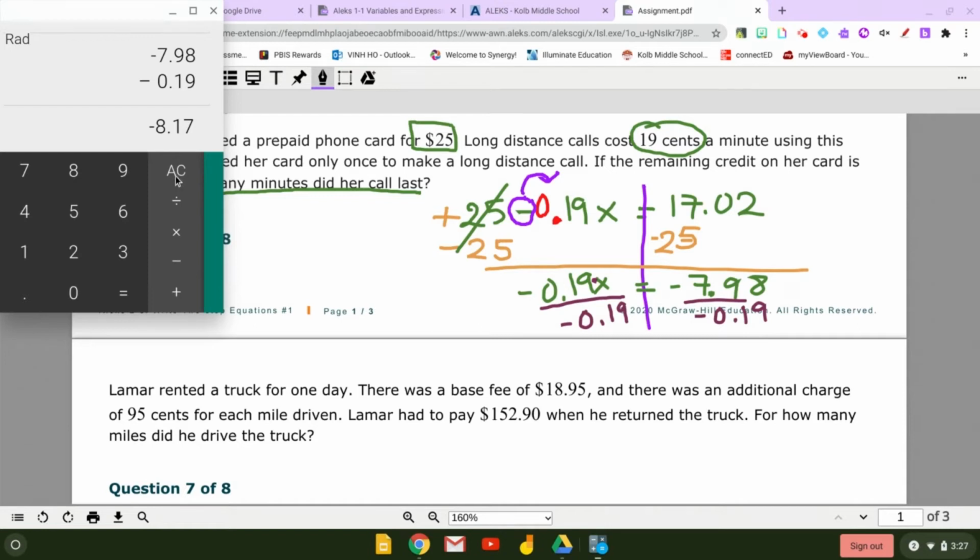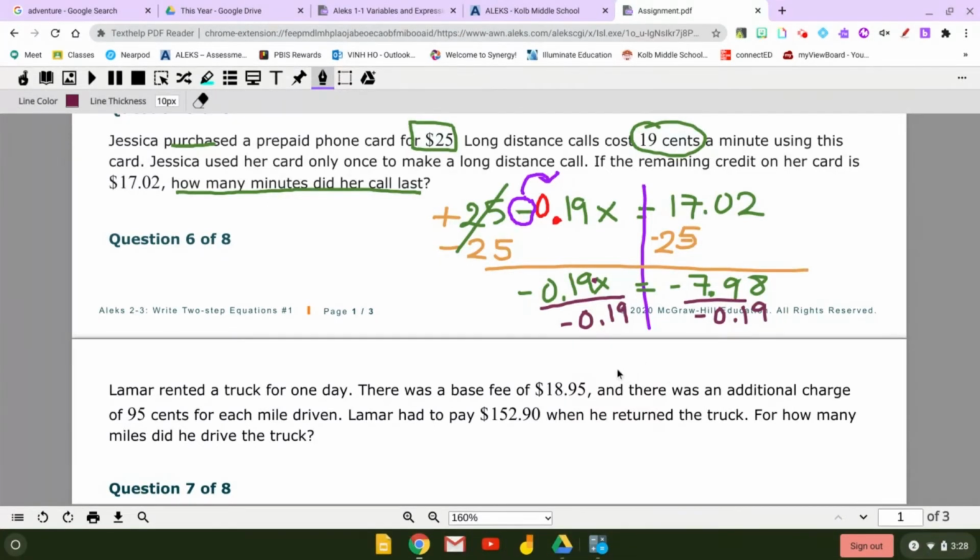Negative 7.98 divided by 0.19. This calculator cannot take two operations at the same time, so I have to pretend the negative sign is there. That will give you 42.